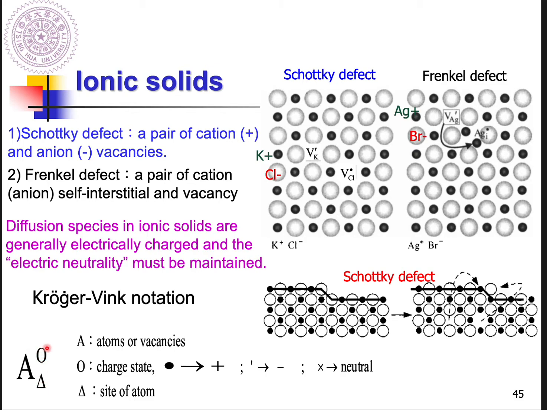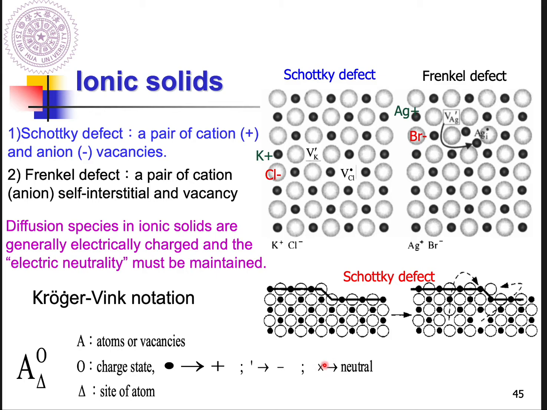And the right upper portion here is labeled related to the charge state. If it is with one positive charge, then we use the dot here, or use the black circle here. If it is carrying a negative charge, we use either a prime here, or a prime means the negative charge, carrying electrons.